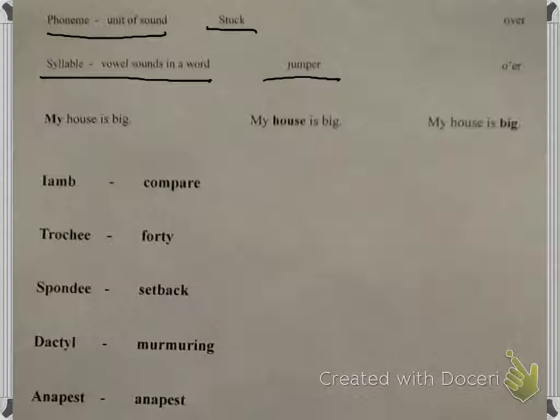But I also want you to be aware of a couple other things, because sometimes poets change words or use different devices to make sounds. For example, we have a word like over. Over, we know just from what I just told you, has two vowel sounds, the O and the E, so you have over, two syllables.